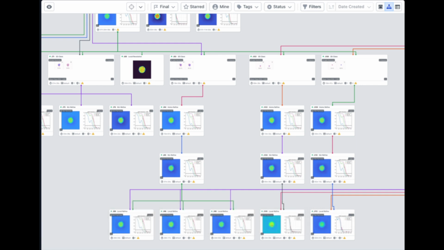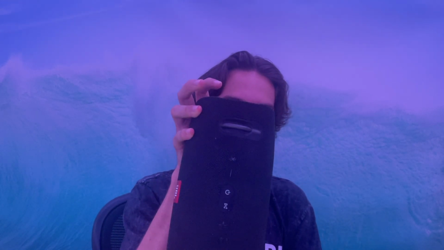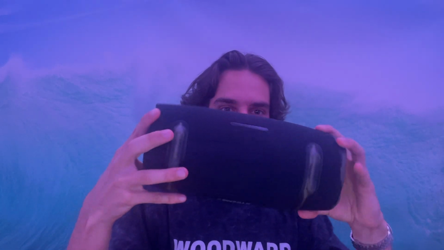To describe this, imagine the speaker I asked you to reconstruct before. Let's say I sent you the front shot, this side shot, top, the other side, bottom, and also the back. You have everything you need.